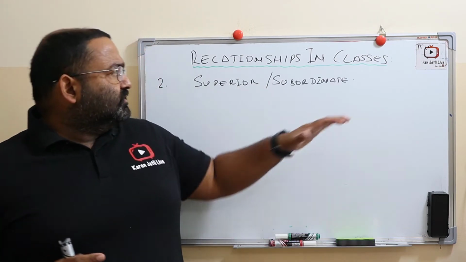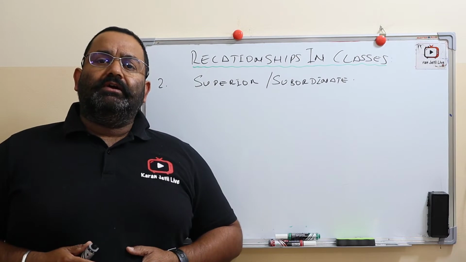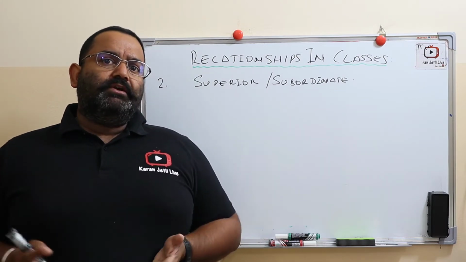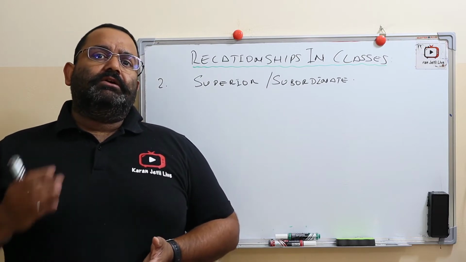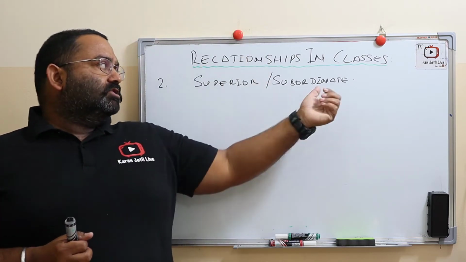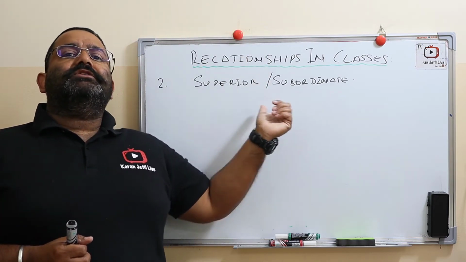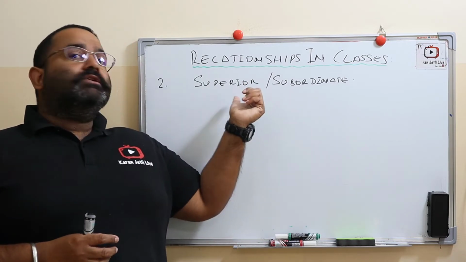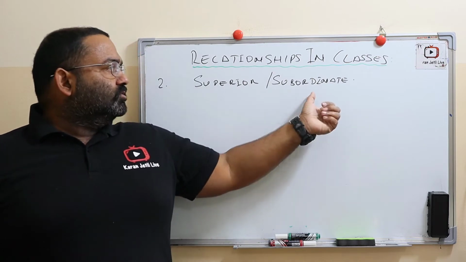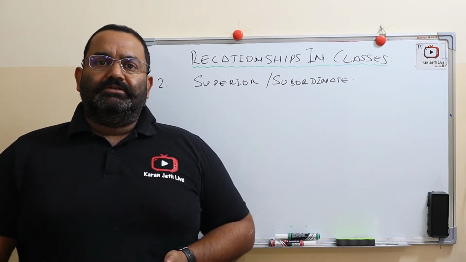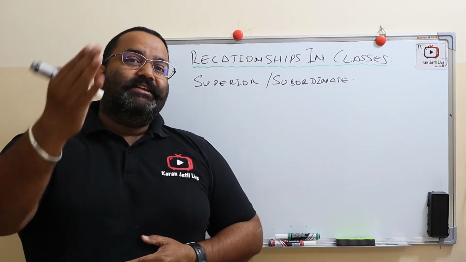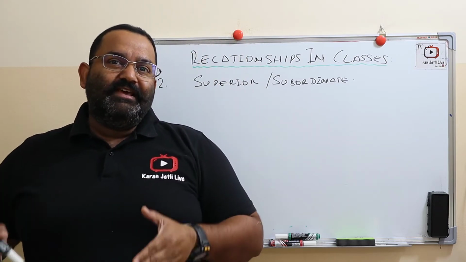Now guys, the second type of relationship between the classes is superior subordinate. So what is a superior class? Superior class is the class which sits on the top, and the subordinate class inherits some of the attributes of the superior. So we also call it a super class, and we also call it a subclass. And the superior subordinate relation also shows generalization and specialization.